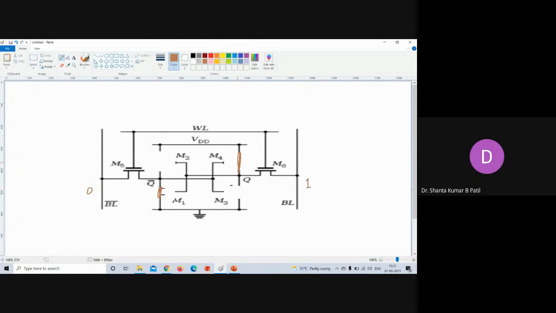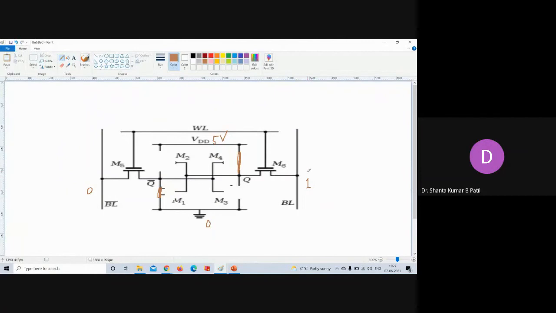You can see a connection is there here also. So this is going through the VDD, and this is going through the ground. Until and unless the power is there, VDD supplies 5 voltage and the ground supplies 0 voltage. So 5 voltage is available to the BL line.